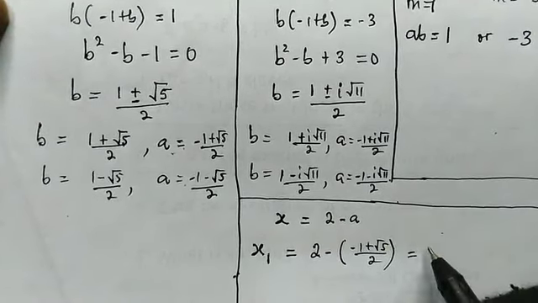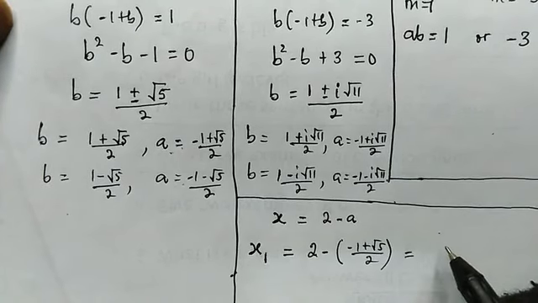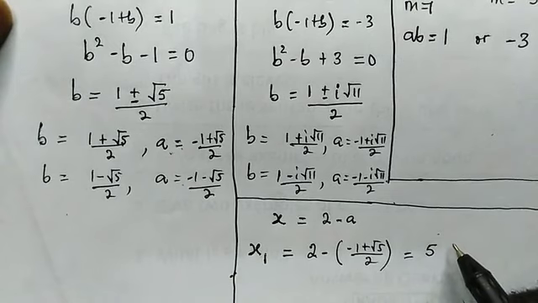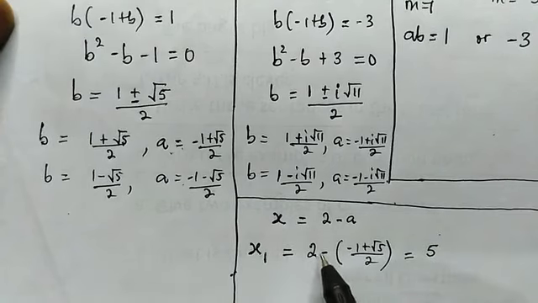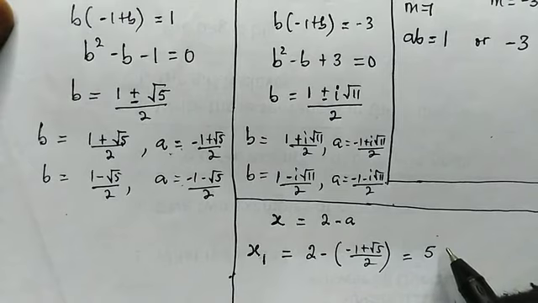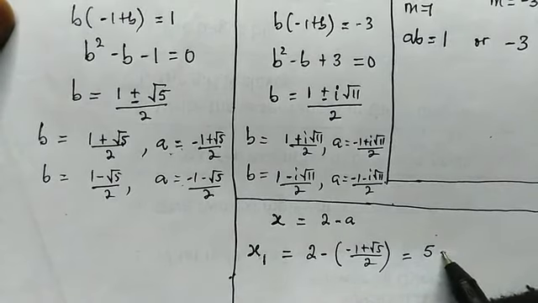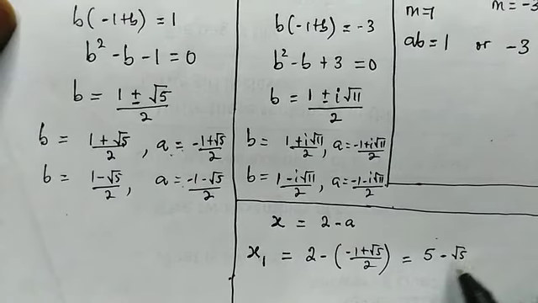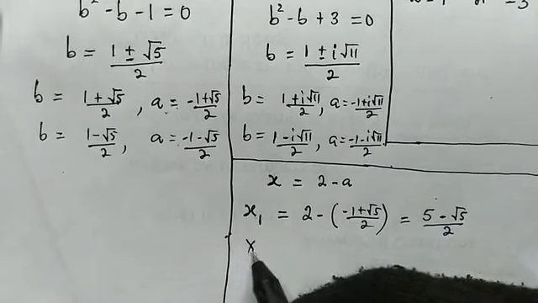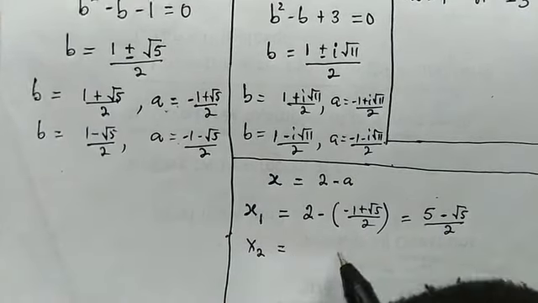So this simplifies to 5 minus root of 5, then divided by 2. So here x2, these are the real solutions.